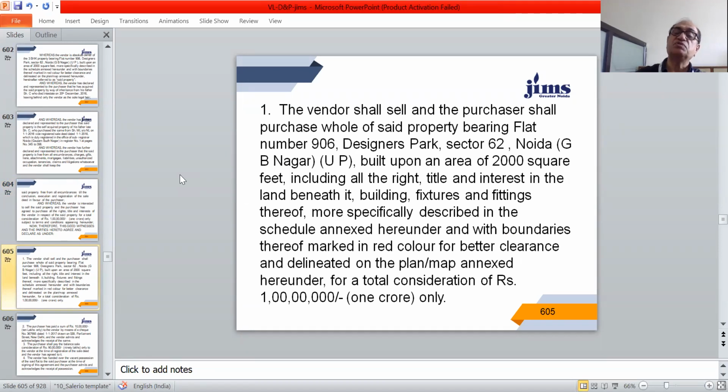So first paragraph relates to condition number 1, that the vendor shall sell and the purchaser shall purchase whole of the said property bearing flat number 906 Designers Park, Sector 62 Noida, District Gautam Buddha Nagar UP, built upon an area of 2000 square feet, including all the right, title and interest in the land beneath it, building, fixtures and fittings thereof, more specifically described in the schedule annexed thereunder, and with boundaries thereof marked in red color for better clearance and delineated on the plan or map annexed thereunder for a total consideration of rupees 1 crore only. This is the first term and condition between the parties.